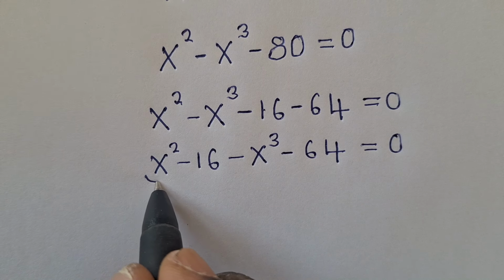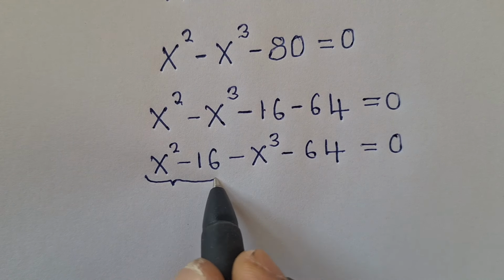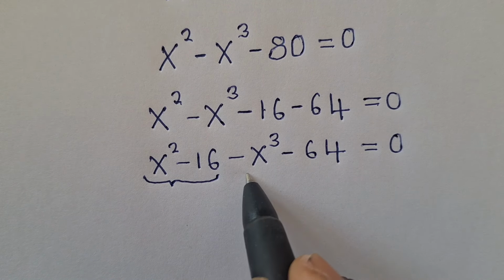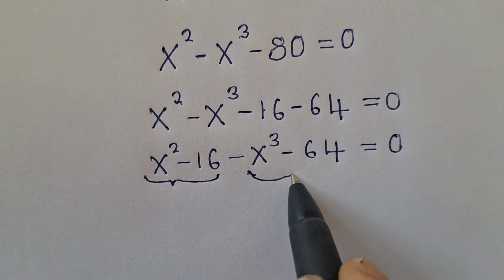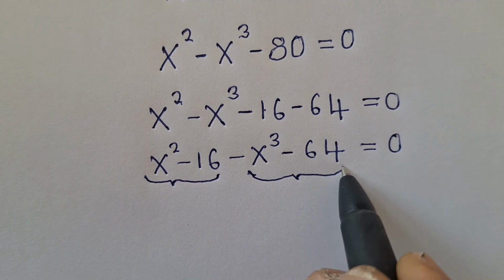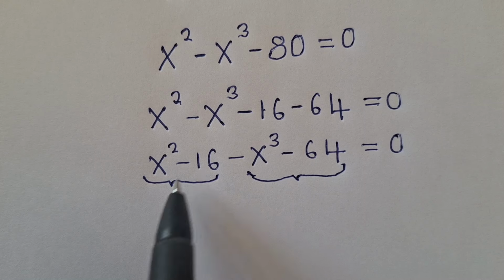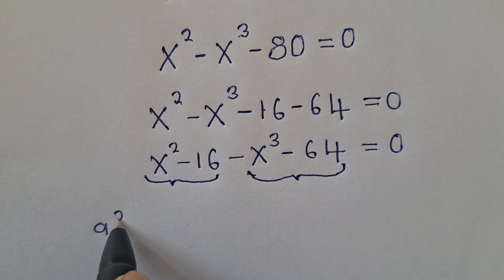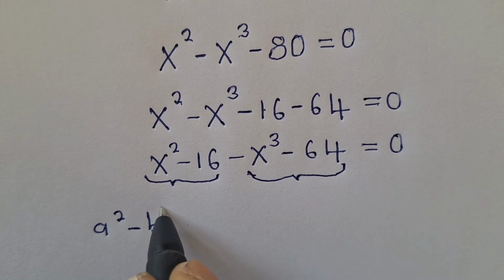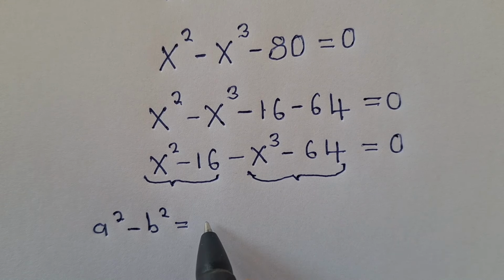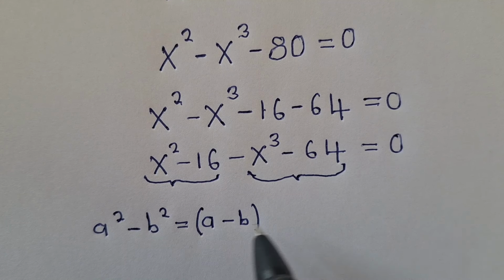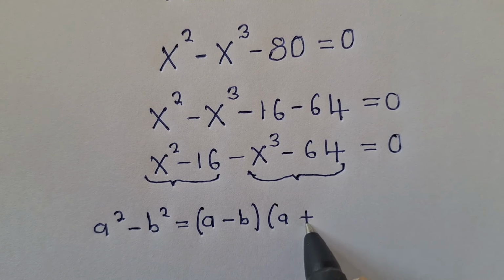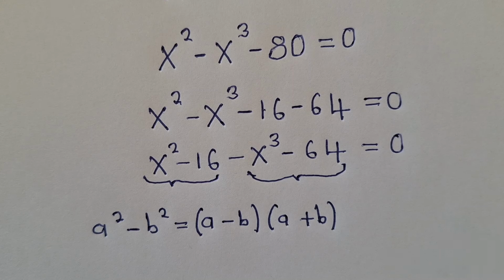For these two, we are going to use a certain property, and also for these two, we use another property. This one, there's a property which says that when you've got a^2 - b^2, this will simply be equal to (a - b)(a + b). This is what we call difference of two squares.